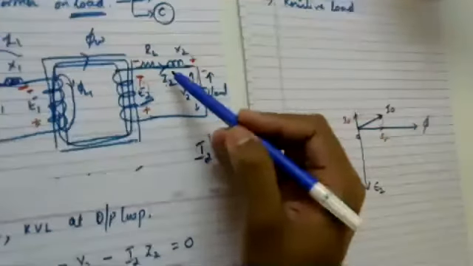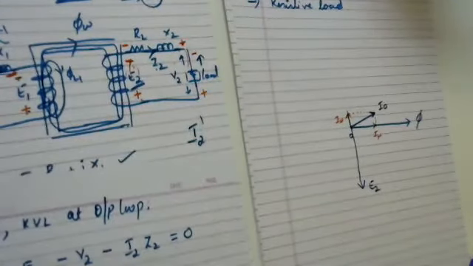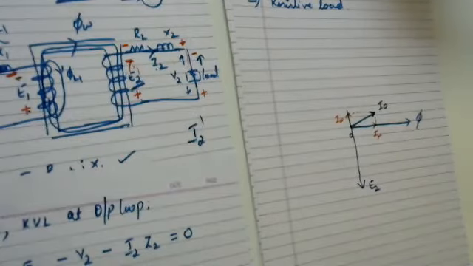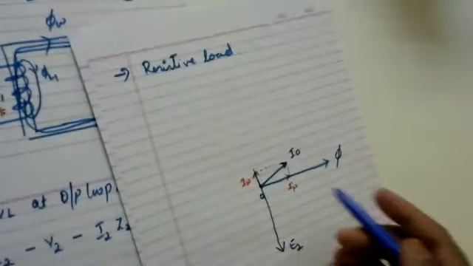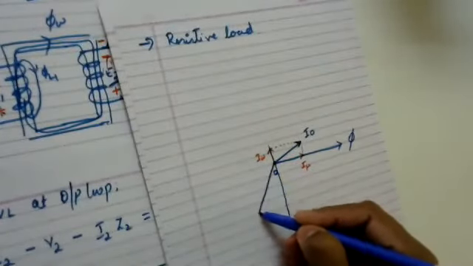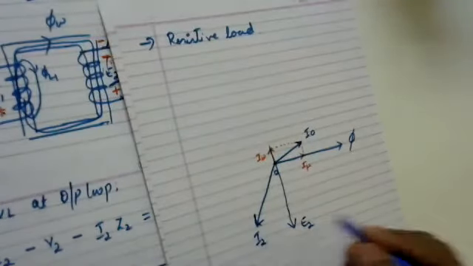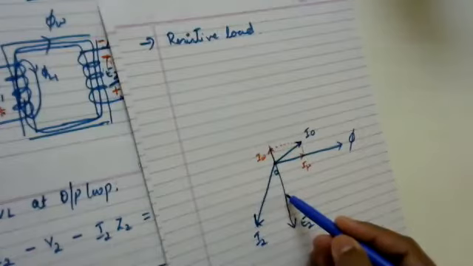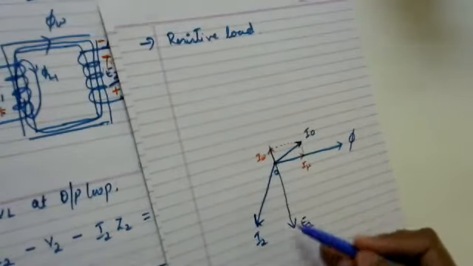So, as Savana is saying, this current I2 will be lagging in nature. Let me say this is my I2, which is lagging with this source voltage E2.